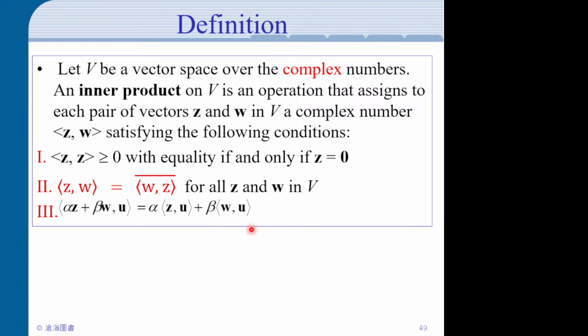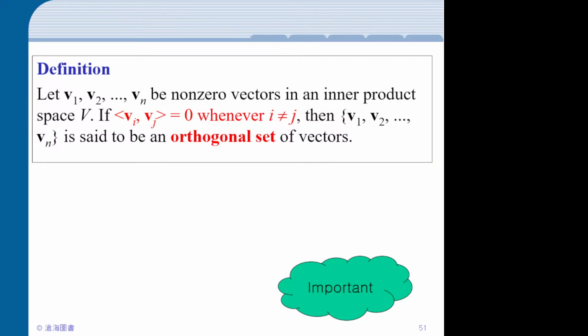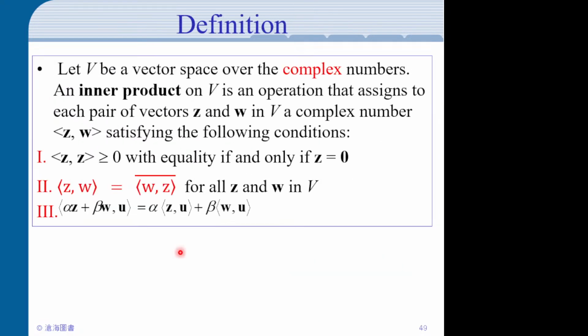So I think we can define our inner product between two vectors, z and w. We think <z, w> is like w transpose conjugate times z, in C^n.